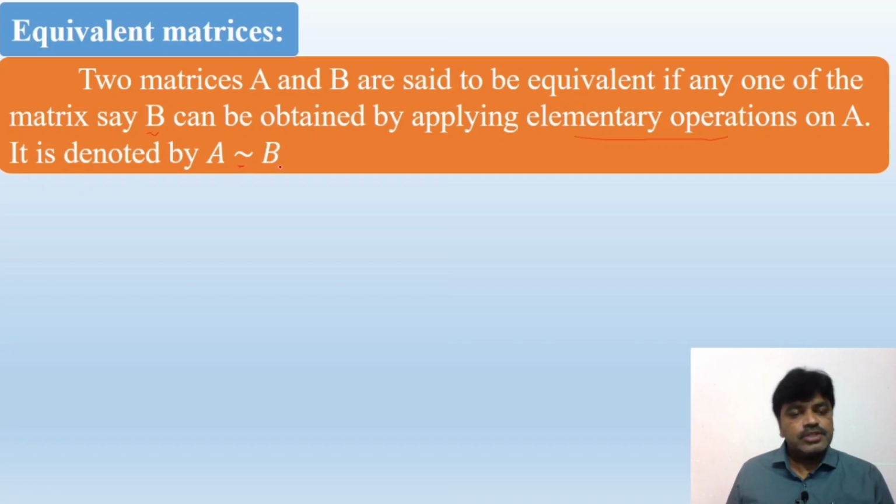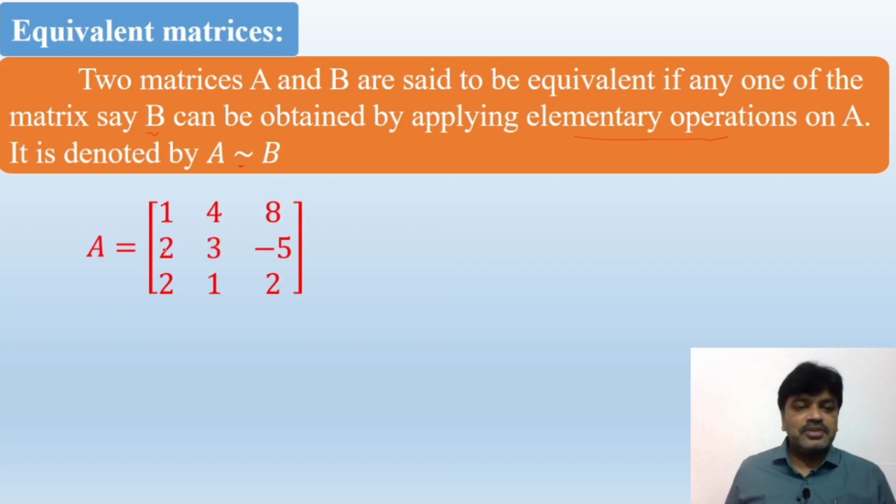A is equivalent to B. Let us see one example. A is equal to [1 4 8; 2 3 -5; 2 1 2]. So this is the matrix A, friends. Now we apply elementary operations here. We know the elementary operations. Now I want to apply the first elementary operation, friends, just interchange: R1 interchange R2.